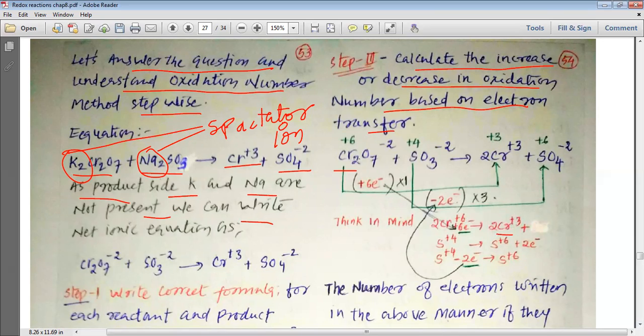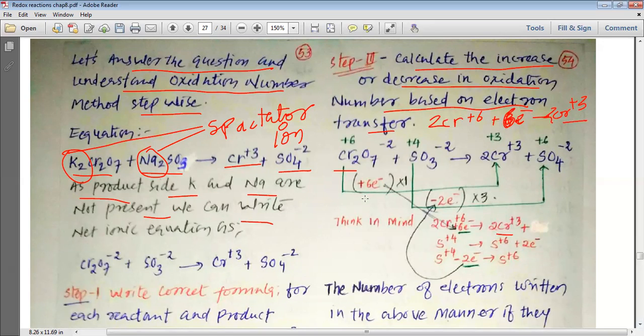So for each chromium, what happens? Chromium +6 gets 3 electrons and gives us Cr +3. But we have 2 chromium, so we need 6 electrons and we get 2 Cr +3.